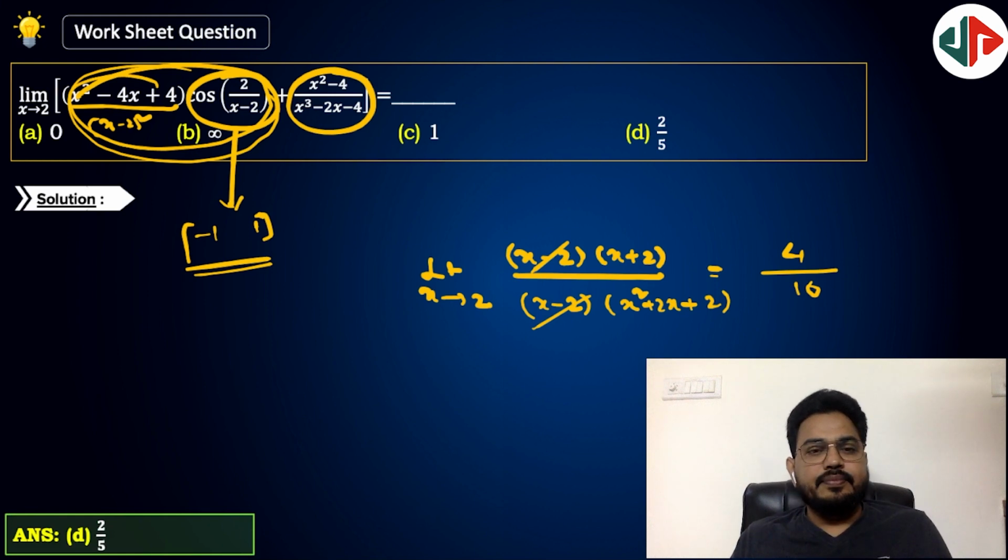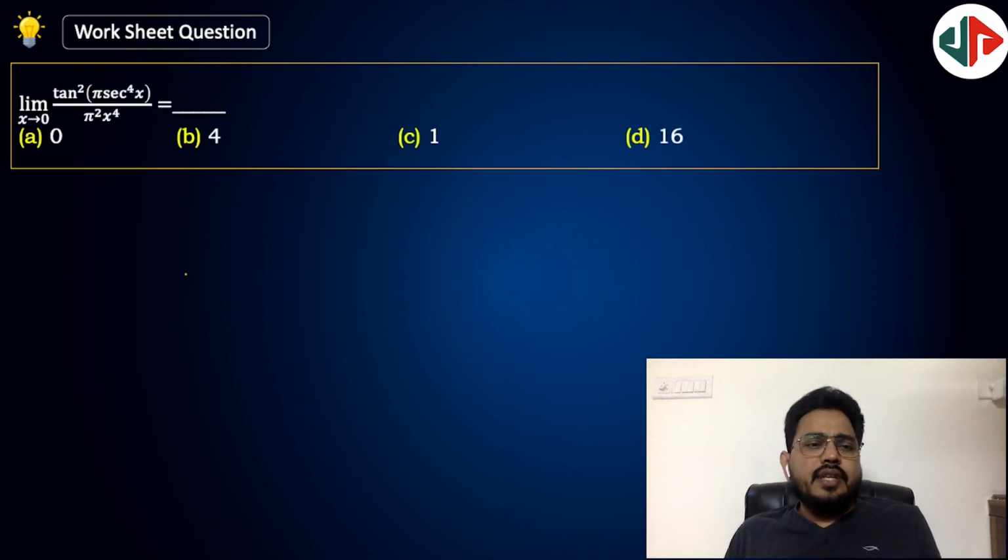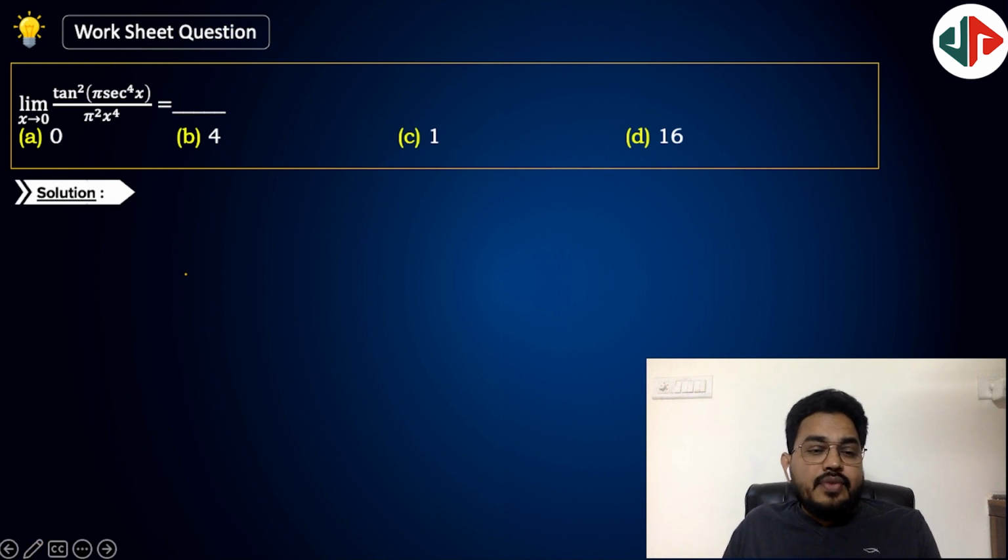Okay, look at this question. Limit x tending to 0 of tan square of this expression. So it is coming as 0 by 0 form. Going for L'Hospital is a very lengthy calculation.